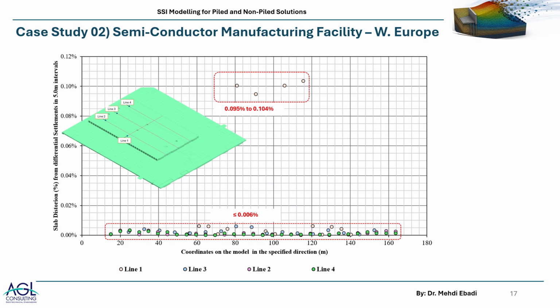Then accordingly, we calculated the angular distortions for the foundations. And the results showed that except a few localized areas which we communicated to the structural team, in general, the angular distortions were less than 0.006%, which were really low and within the tolerable capacity of the structure.